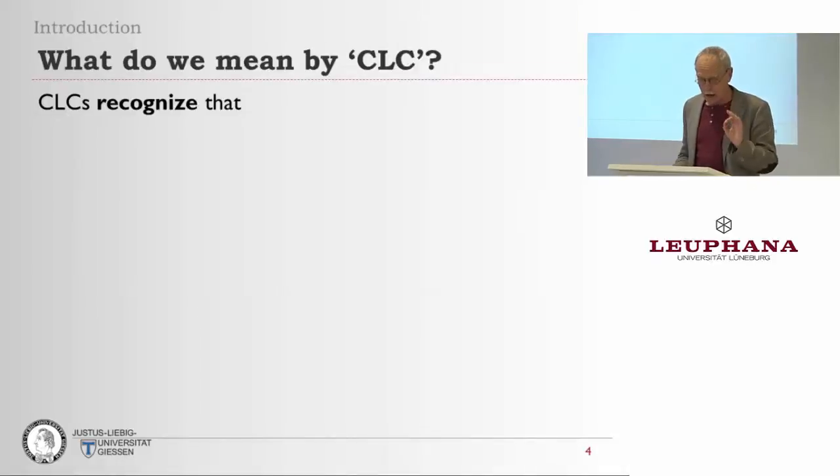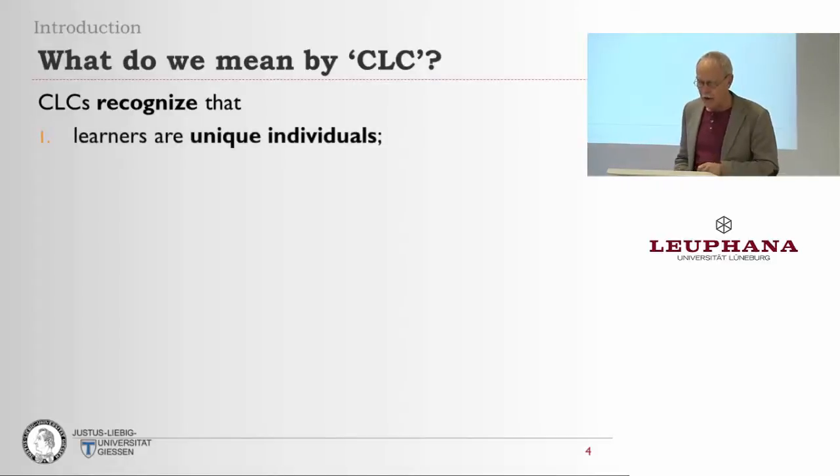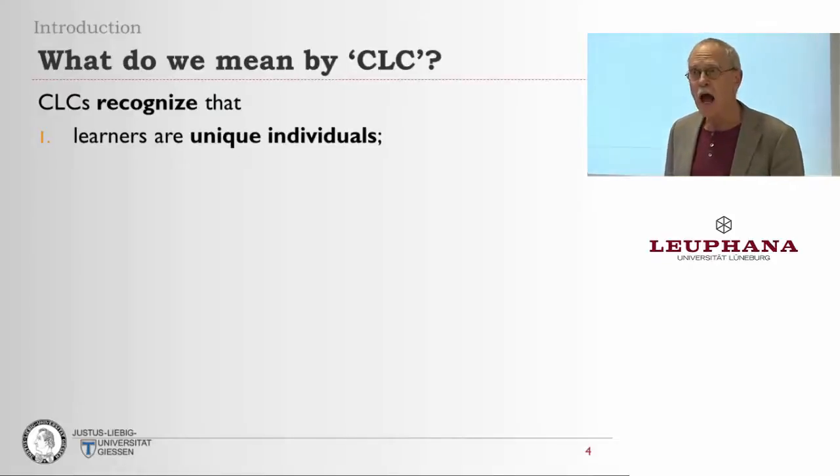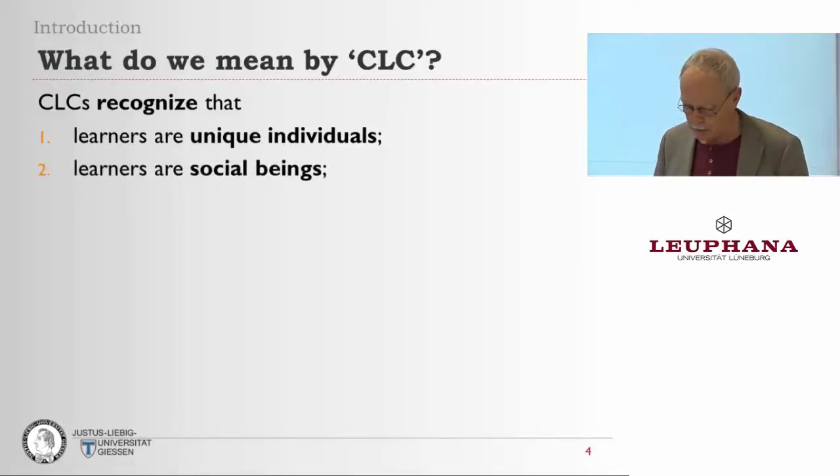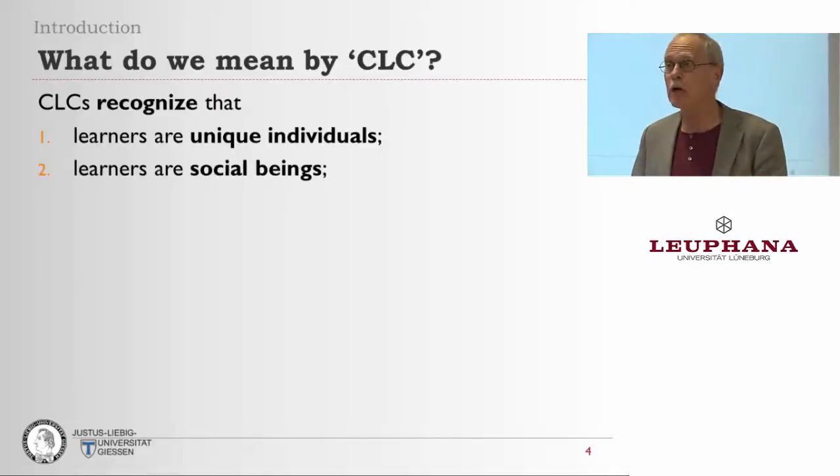They need to recognize that learners are unique individuals who learn and develop best in their own idiosyncratic way. But learners are not only unique, at the same time they are social beings. And they learn together in groups.